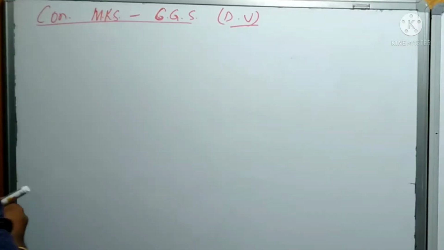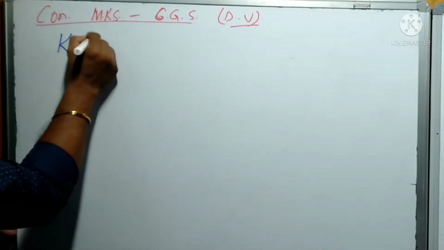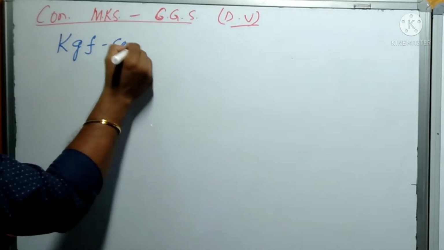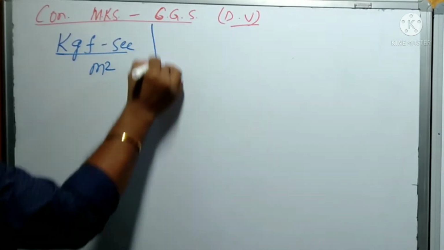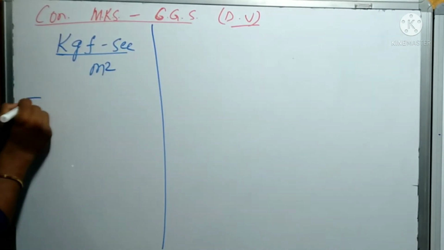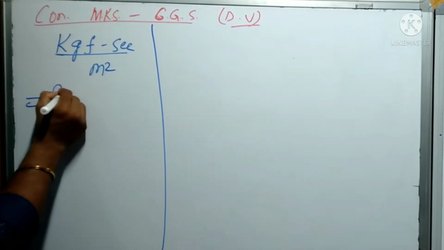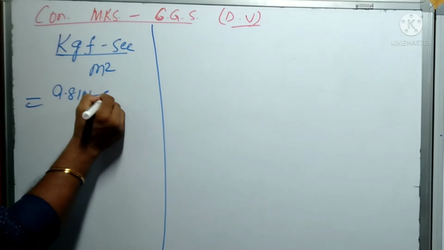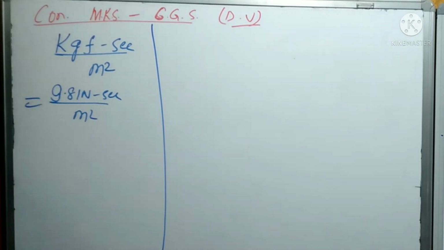The MKS unit of dynamic viscosity is kg force second per meter square. Now, kgf second per meter square, 1 kgf is equal to 9.81 Newton second per meter square. Any doubt? No. Thank you.